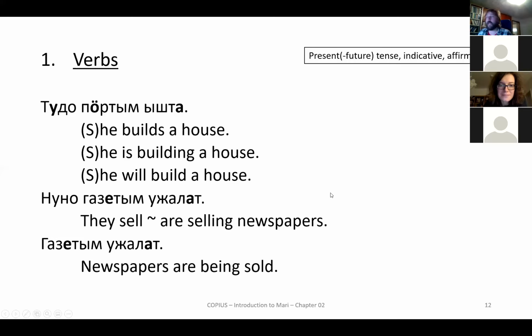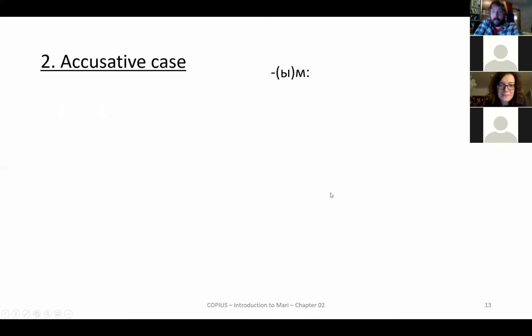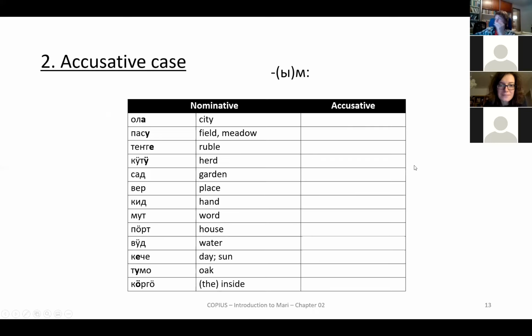So, okay, now it's time to look at some cases. We're going to meet two new cases today, and the first one is the accusative in m. And I have the same categories that we had last week when we were looking at the inessive. Basically, if you know how to form the inessive, you know how to form the accusative, because the rules are pretty much the same, with just attaching the suffix, where you need a linking vowel and where you don't.